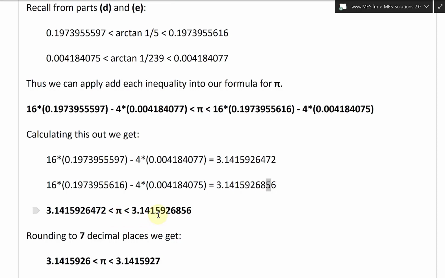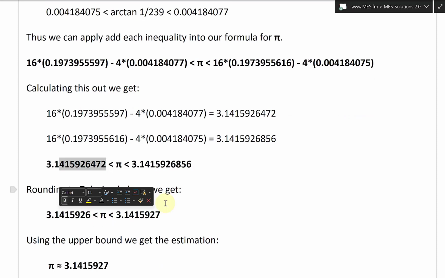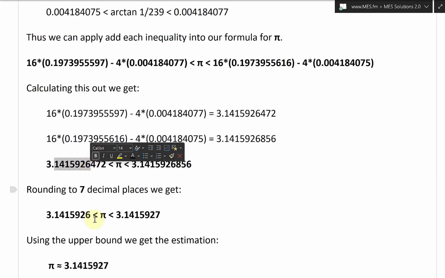So in other words, pi is between this right here and this, and this is 10 decimal places. We are only rounding it to 7 decimal places, so we go 1, 2, 3, 4, 5, 6, 7. We get over to the 647, and then here's 3.14 all the way to 6, 8 right there, and then it's rounding up.